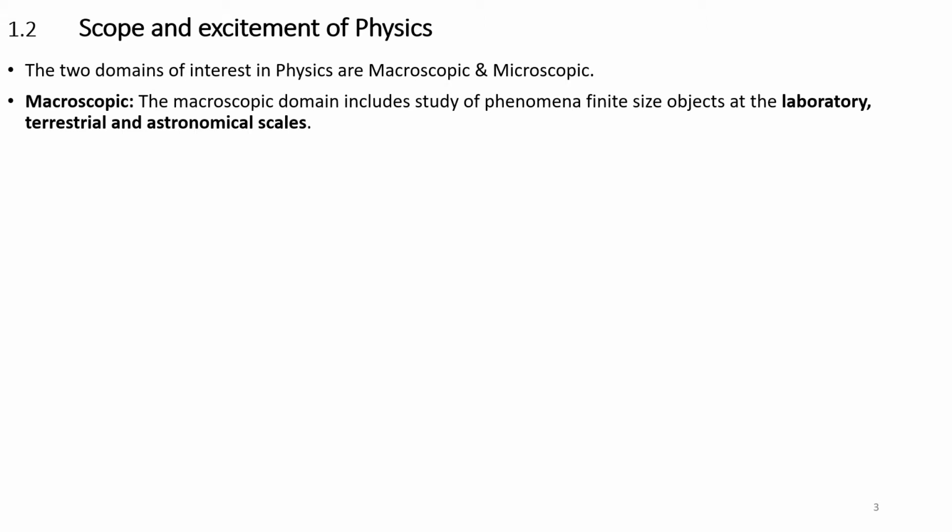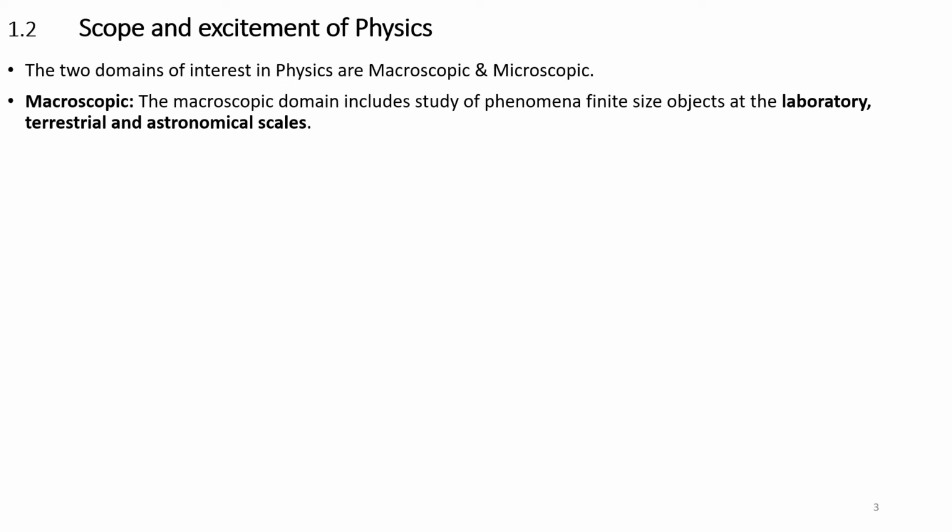Macroscopic: the macroscopic domain includes study of phenomena of finite size objects at laboratory, terrestrial, and astronomical scales. Terrestrial refers to anything that comes from the planet Earth, like land, rocks, elements, oceans, etc.